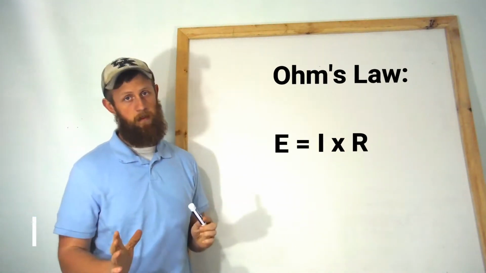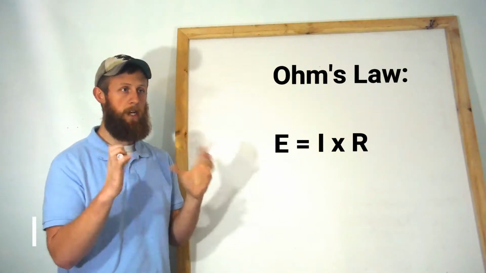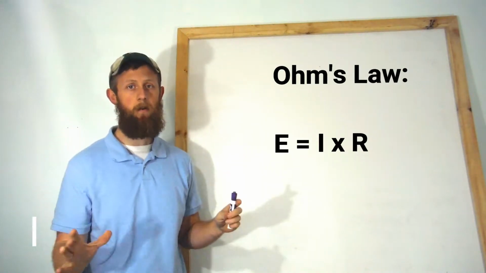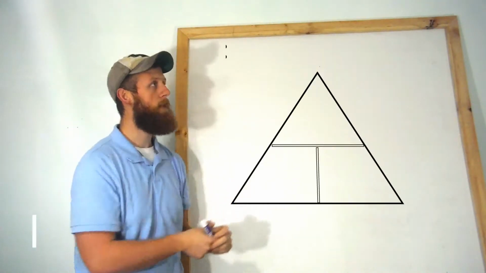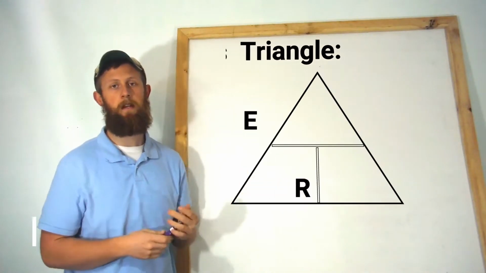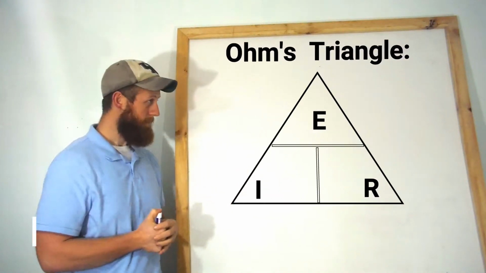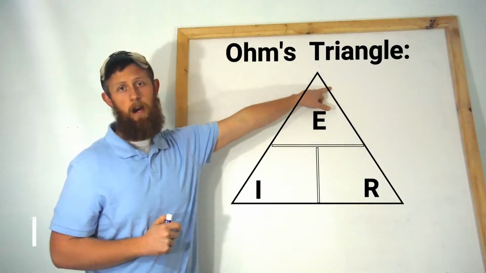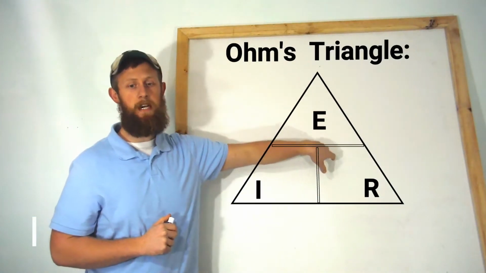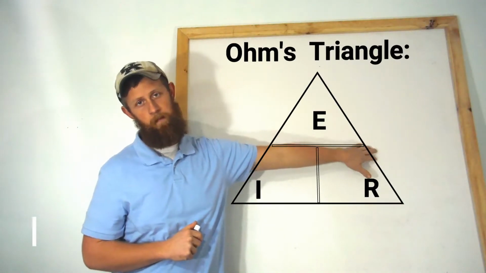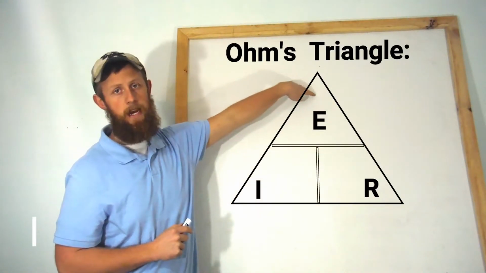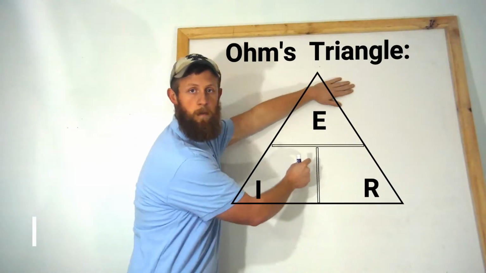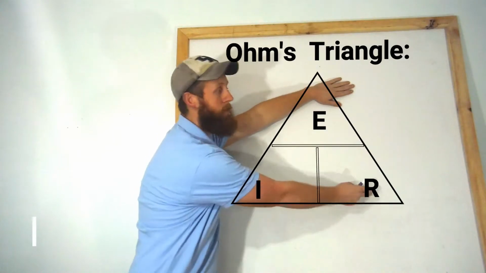Now, the next thing to learn is how to use it and change those formulas up. We're going to do what we call the Ohm's triangle. Hopefully I can put that up somehow so I don't have to write it. I think you all can see that better. And what that is, it helps you break down that formula. So you have E on top of the triangle, and then on the bottom two sides you have I, and then you have R. So again, if you need to find E, put your hand over E. Now you know that you need to do I times R. So that's the amps times resistance.